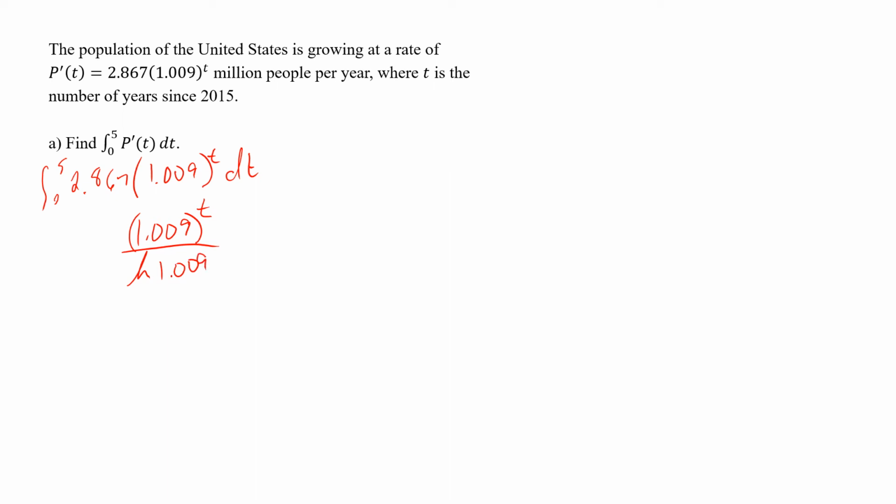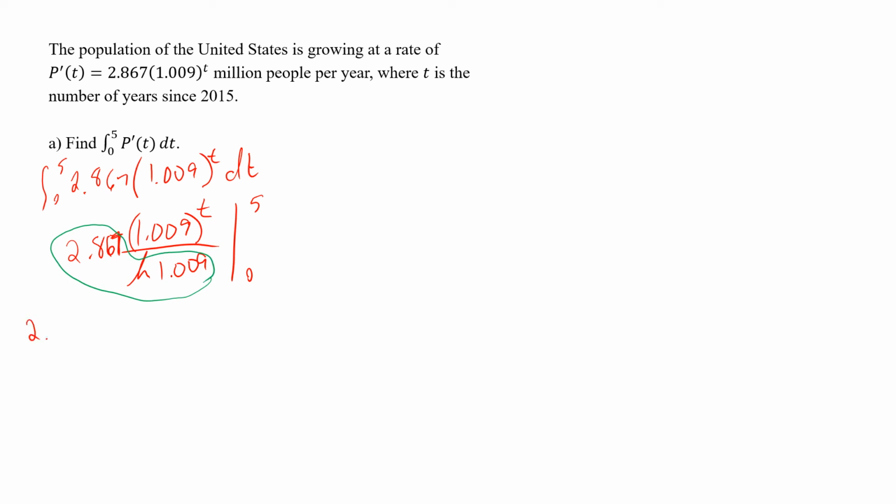And then this 2.867 is just going along for the ride. That's a multiplied constant. So that's the antiderivative of that. We're going from 0 to 5. Now when we plug it in, we can actually pull out these constants so we don't have to deal with them necessarily on the inside.